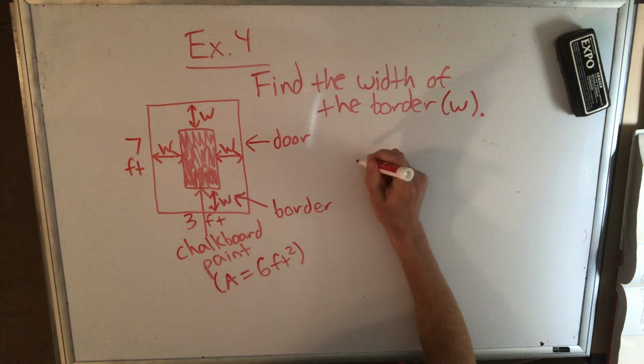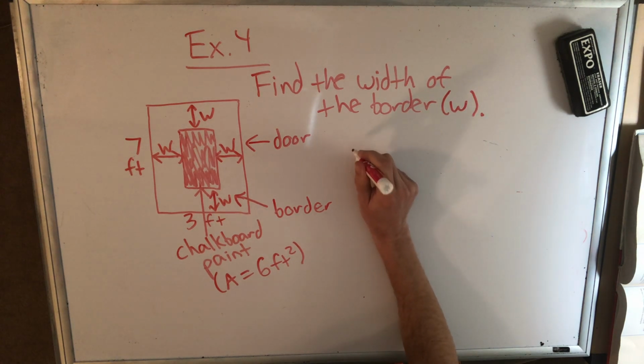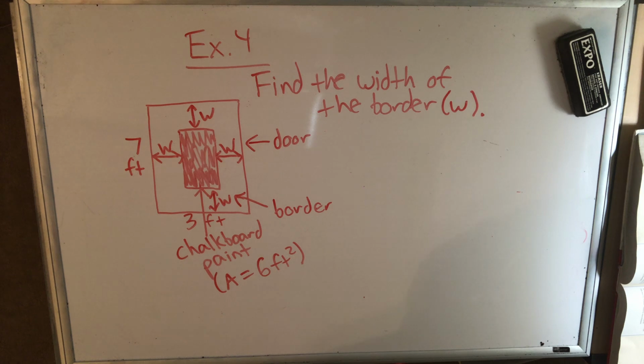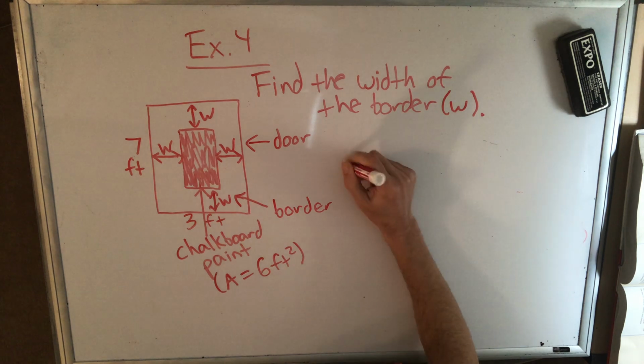Okay, so let's set up an equation involving w and the area of the chalkboard paint so that we can solve for w, the width of the border.